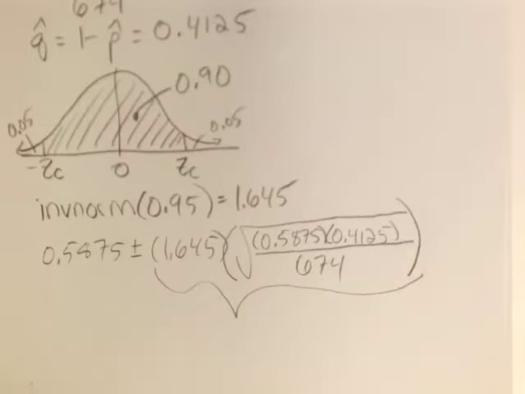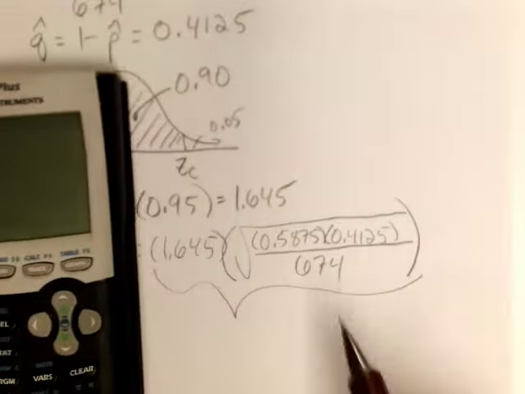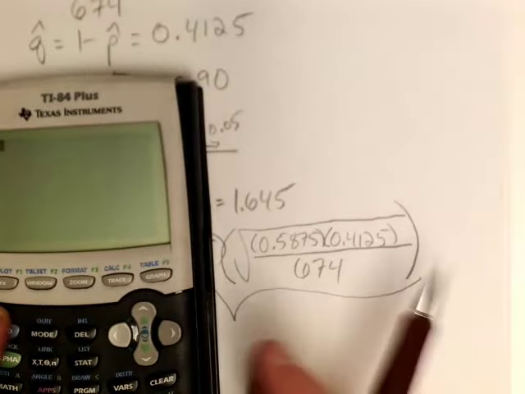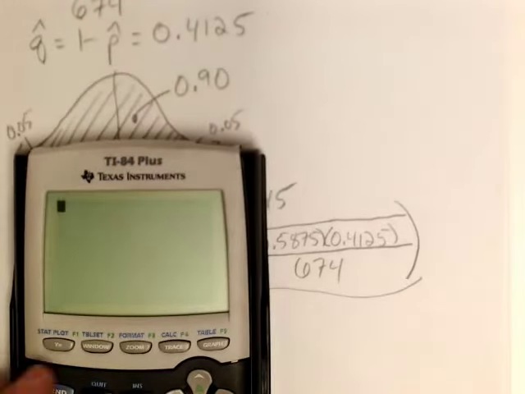I will be doing this in the calculator directly. There is a one proportion z interval built in, but I just did want to take the time to go over this by hand. I'm going to put the radical part in first. Definitely want to observe order of operations.